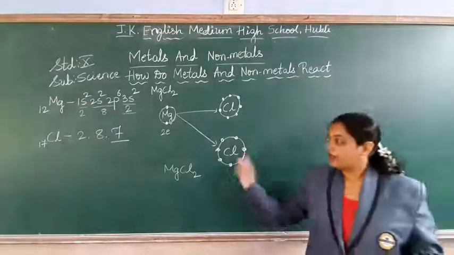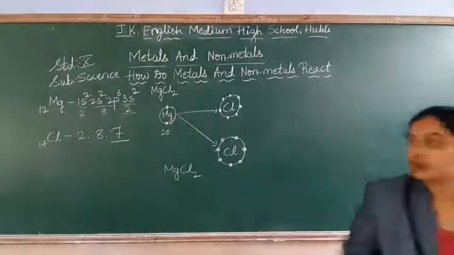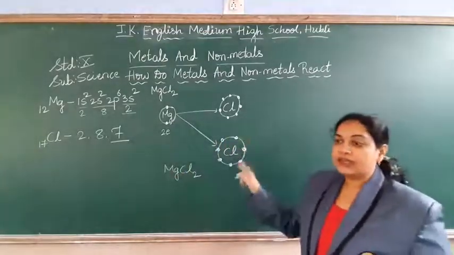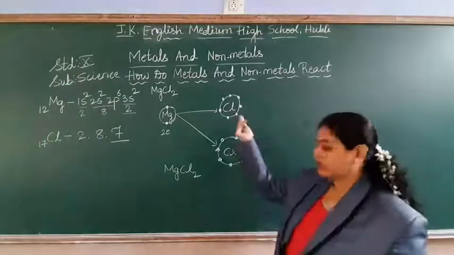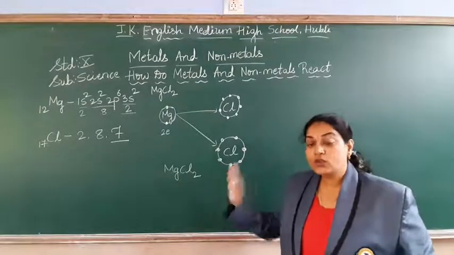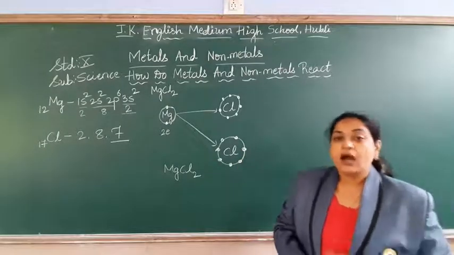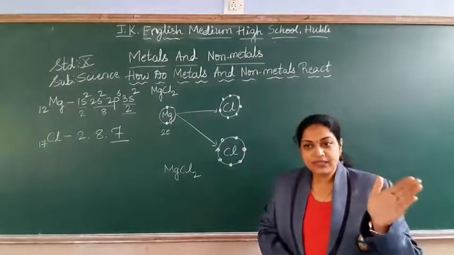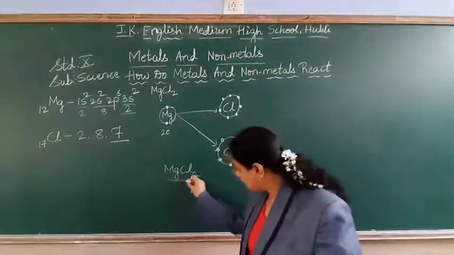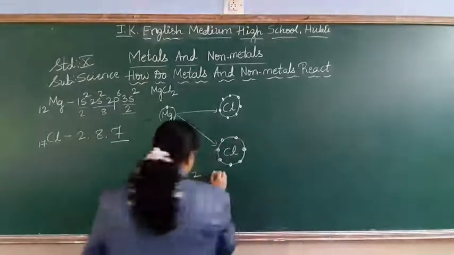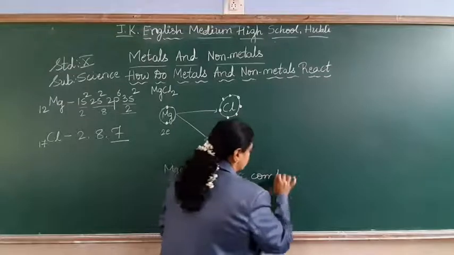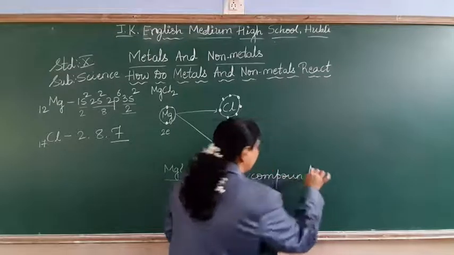So students, what happened here? What I want to say is, magnesium is the metal which is transferring the electron to a non-metal. Chlorine is a non-metal, right? A metal, by transferring its electrons to a non-metal, is going to form a compound, and this is called an ionic compound.